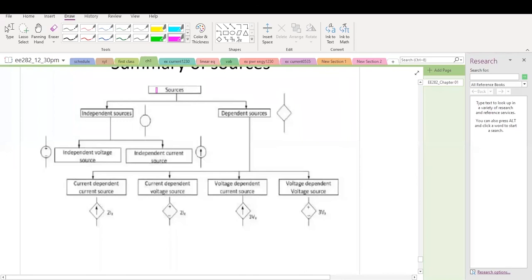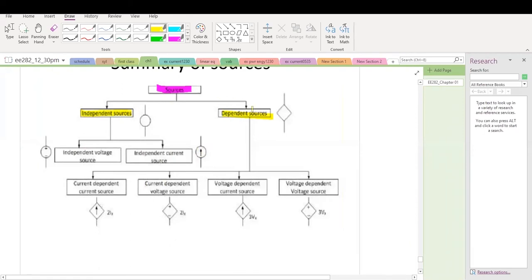To summarize the sources, we can have independent sources and dependent sources. The symbol is either round or diamond, first of all. Independent voltage sources have a plus sign and a minus sign inside a small circle. Independent current sources have current direction inside a small circle.